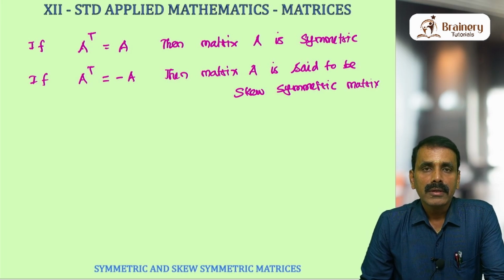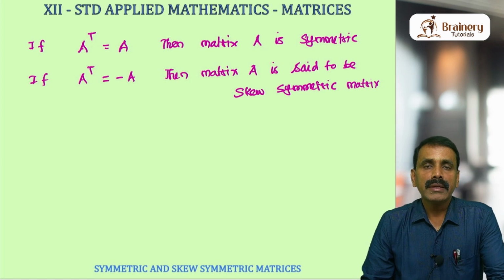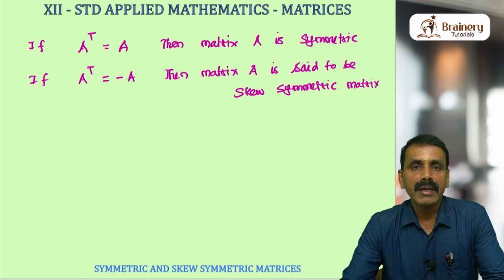If A transpose is equal to A, then matrix A is said to be a symmetric matrix.